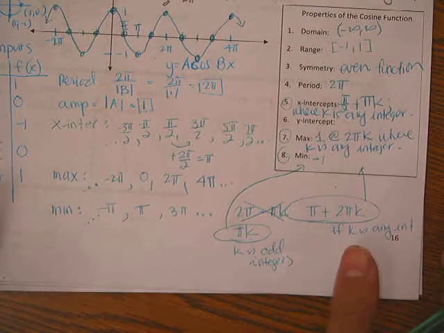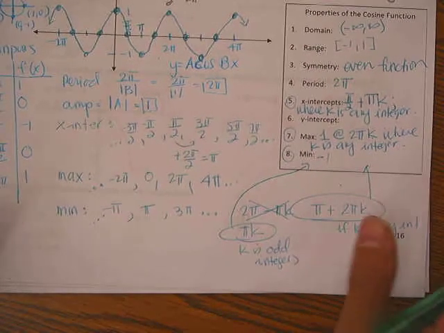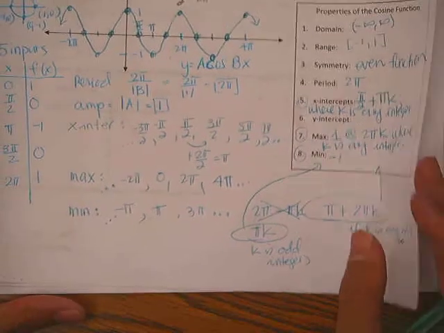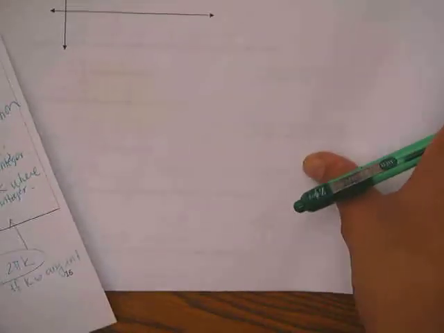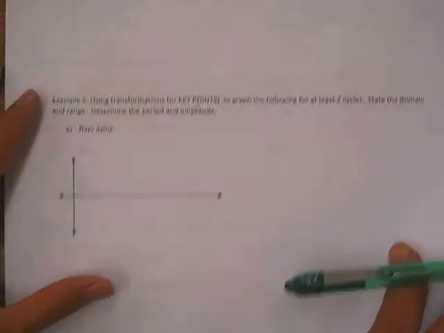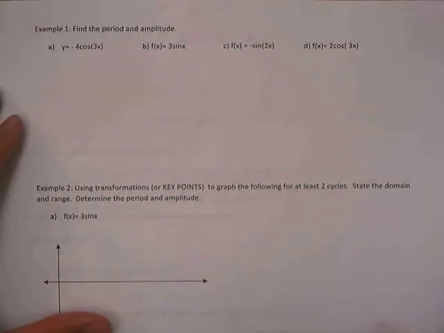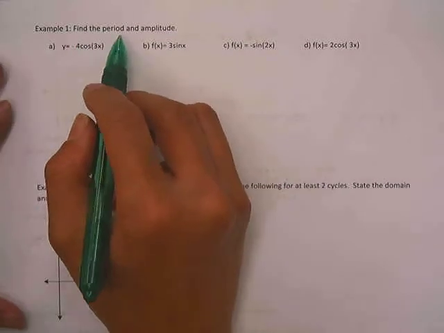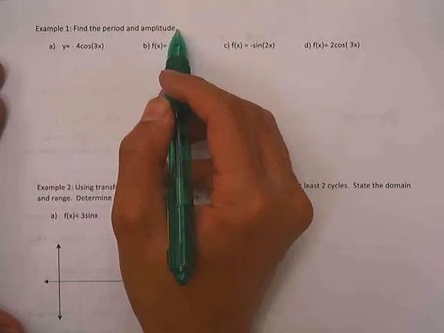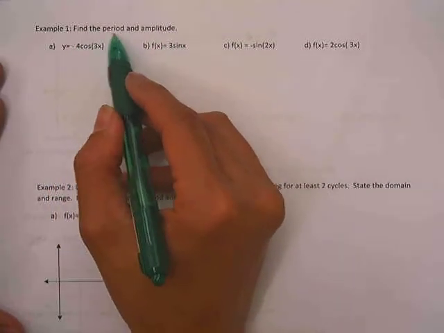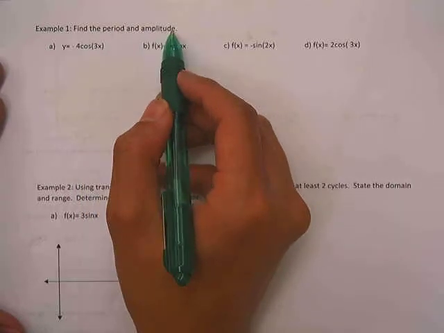All right. Now we're going to move on to example 1 because we haven't done any example for a while. Find the period and amplitude. The period is the horizontal distance, the amplitude is the vertical distance.